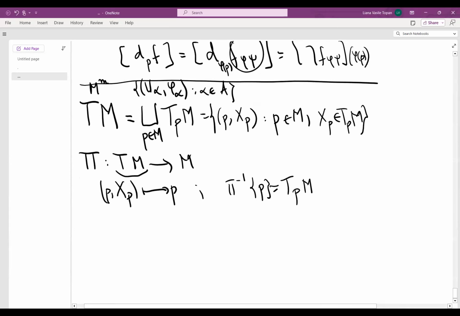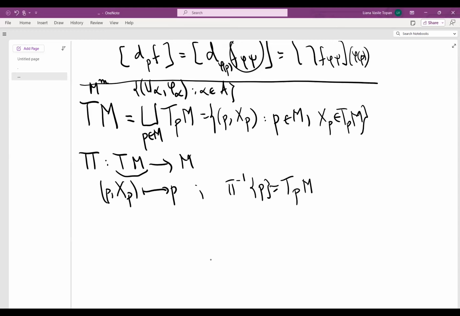Once we defined this, we talked a little bit about the fact that this tangent bundle has the structure of a smooth manifold. So it has a well-defined topology, it's Hausdorff, it's second countable, and we did define an atlas here.